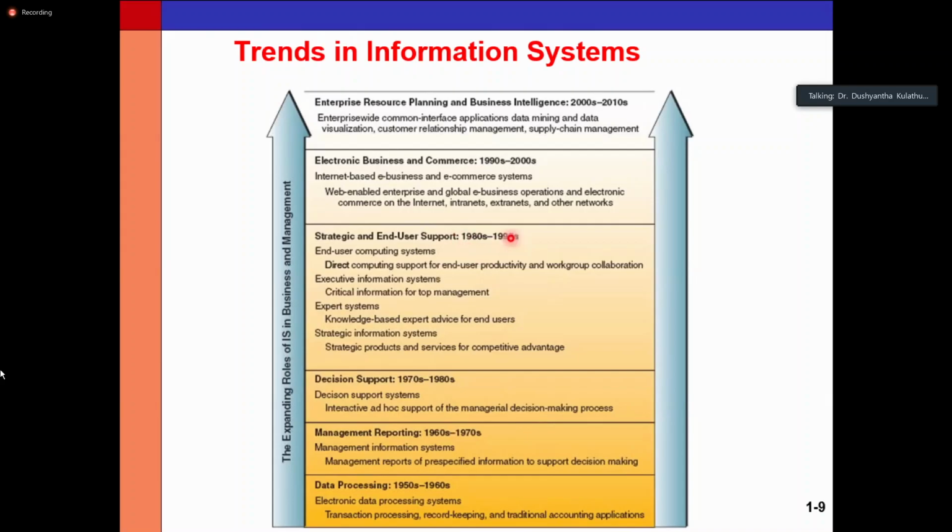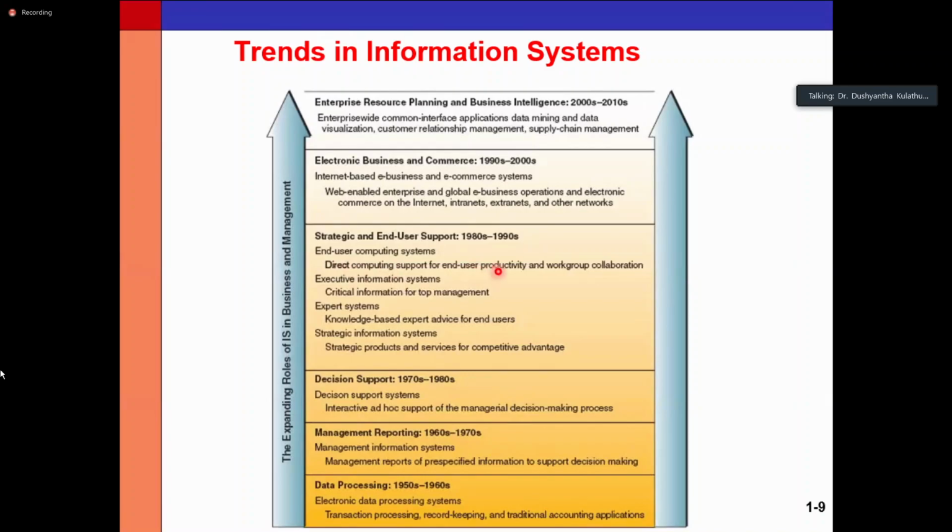Then by the 1980s and 1990s, these systems emerged, and they could utilize the particular systems to fulfill their specific requirements. So those are identified as end user computing systems, where the end user or the specific employee is capable of utilizing the particular system directly to support his or her processes.